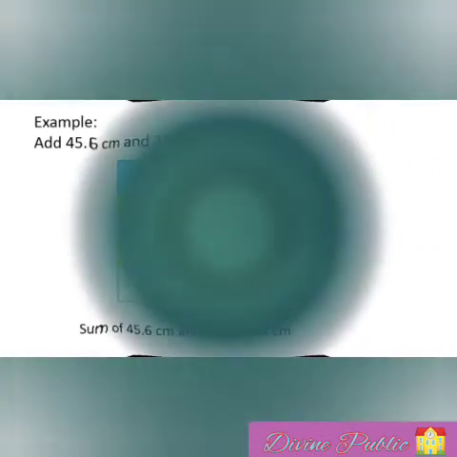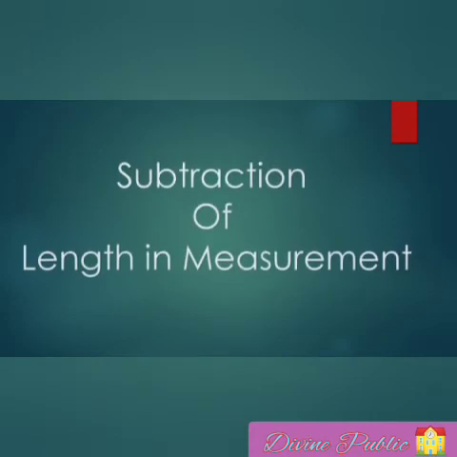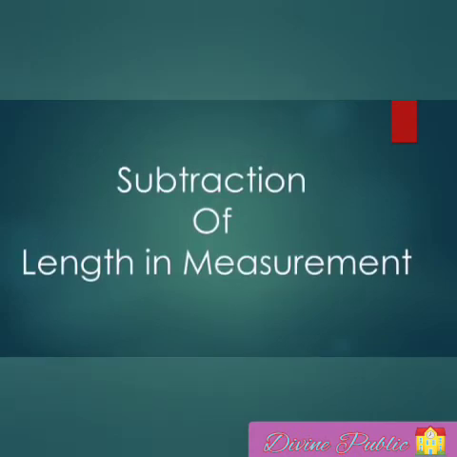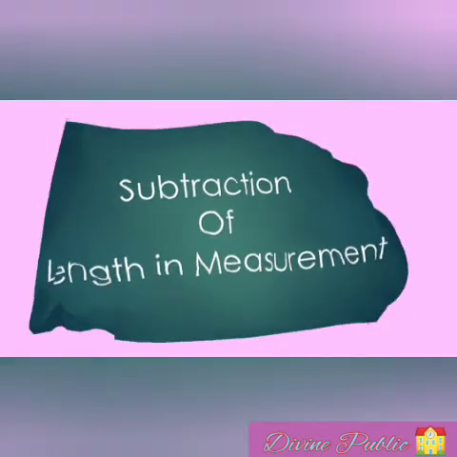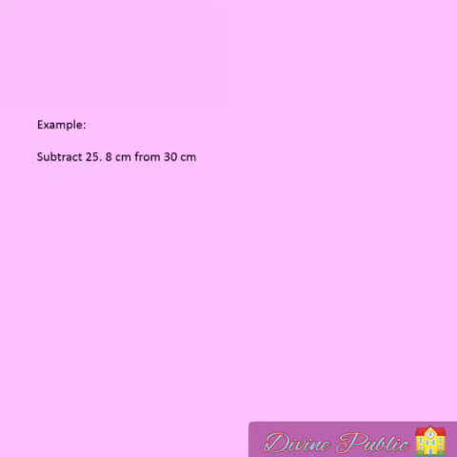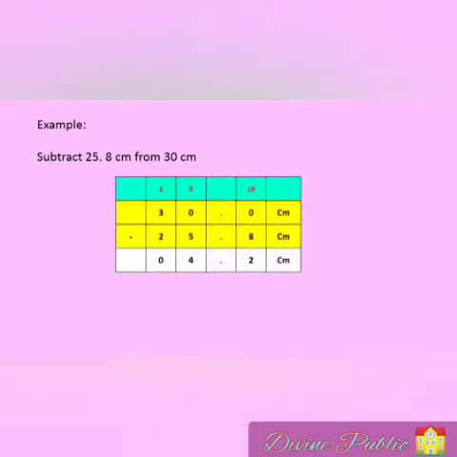Now dear students, let us move to the next topic, that is subtraction of length in measurement. So let us see and understand with the help of example. Subtract 25.8 centimeter from 30 centimeter. Now let us see the solution.